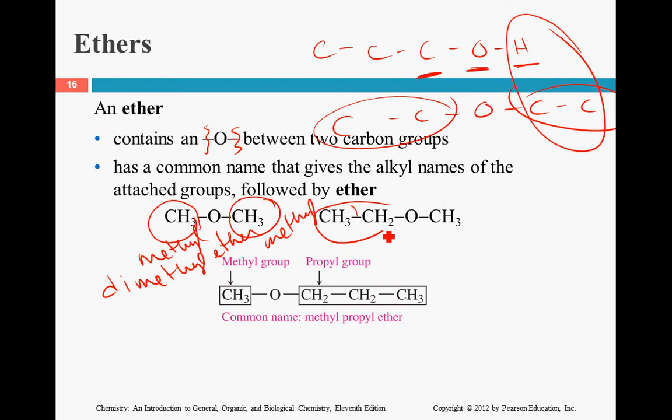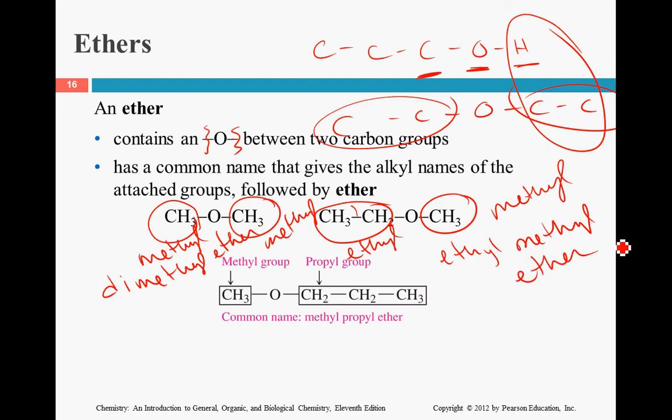On this one, we have an ethyl group here, and we have a methyl group here. You do this alphabetically. So it's ethyl methyl ether. And then the example down here, we have a methyl group and a propyl group. So methyl propyl ether.